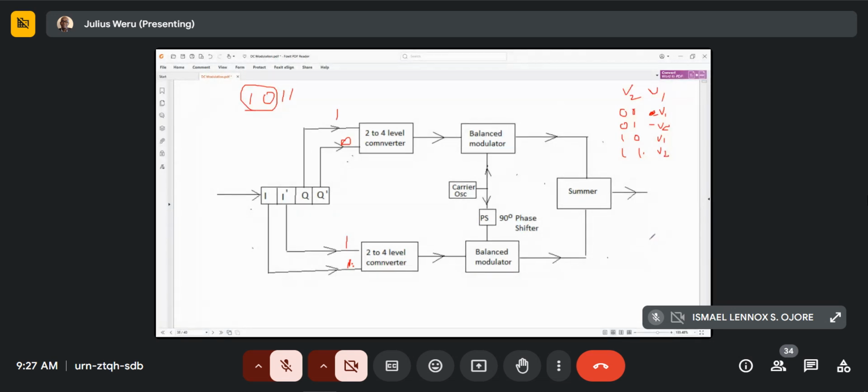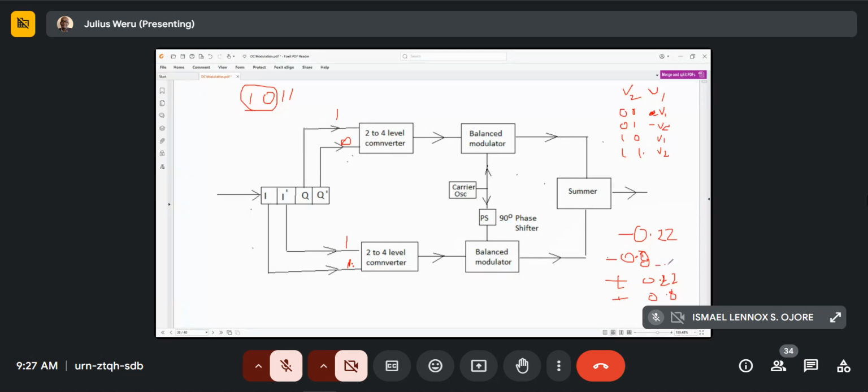Actually, if I remember the voltages, normally it's about, I think, minus 0.22, and the PSK uses, I think, 0.8 something. Can't remember. Then the other one is plus 0.22, and this one is plus 0.8.